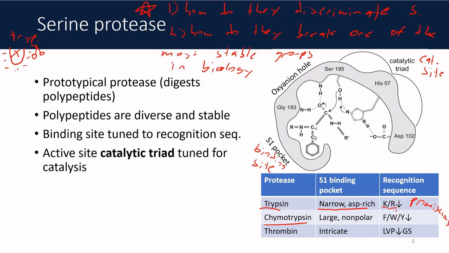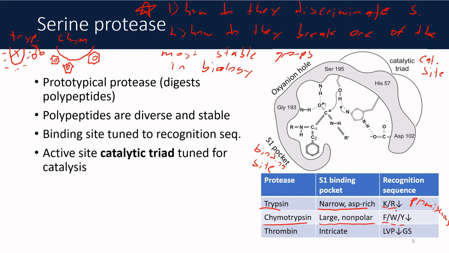It has a slightly different binding pocket design. It's a very large binding pocket that's filled with nonpolar residues. That means chymotrypsin is going to bind any residue that is large and hydrophobic, such as phenylalanine, tryptophan, or tyrosine.